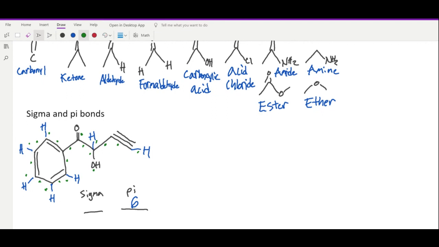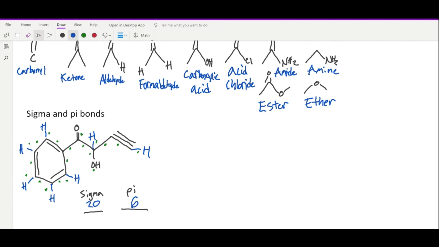Okay, now just count up all the dots. Let's see, so 1, 2, 3, 4, 5, 6, 7, 8, 9, 10, 11, 12, 13, 14, 15, 16, 17, 18, 19, 20. Okay, so you should have gotten 20 unless I missed something, and that's completely on me. But there should be 20.